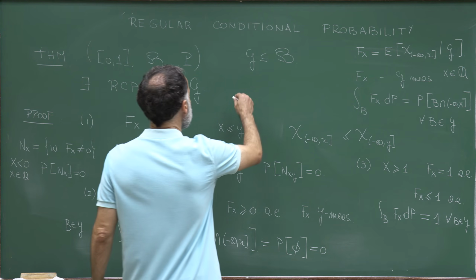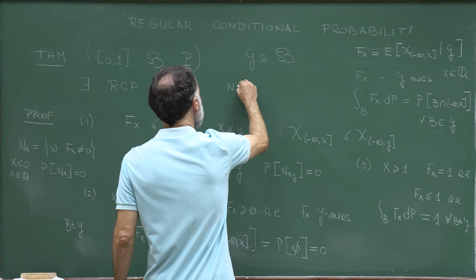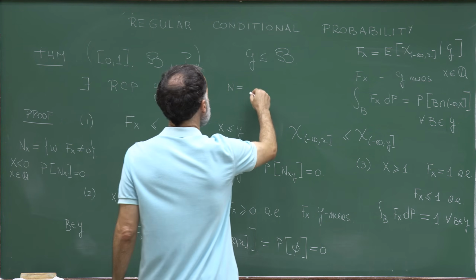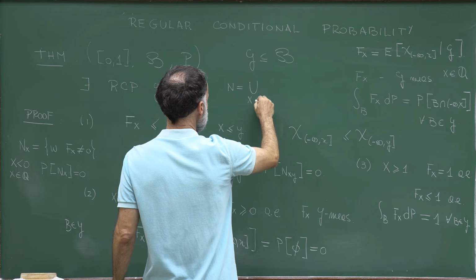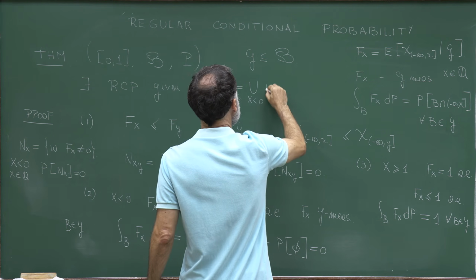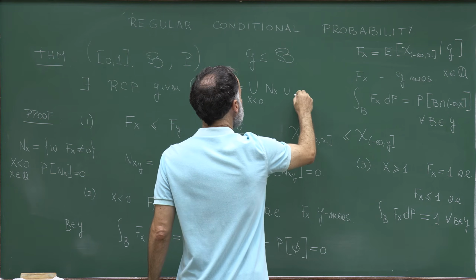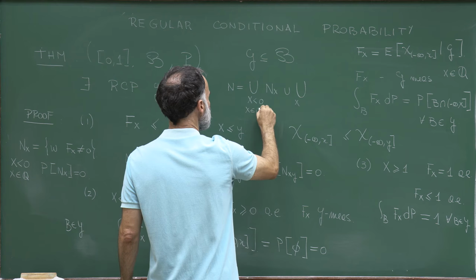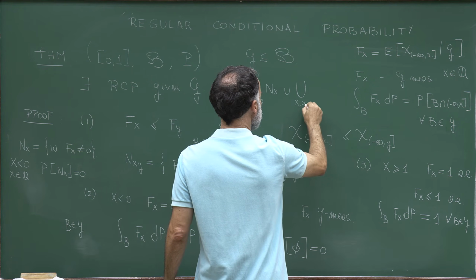Now we can take the set n, which is the union of all these sets. So n will be the union of x less than 0 of nx, the union of, well, all these sets, all these x are rational numbers.